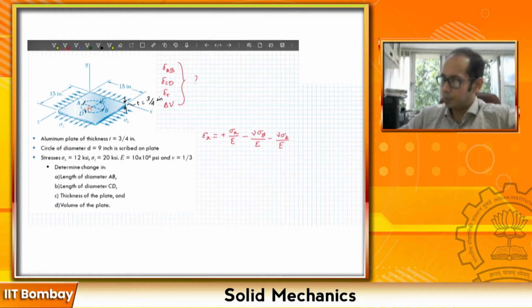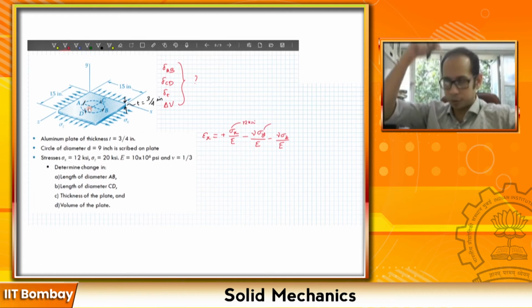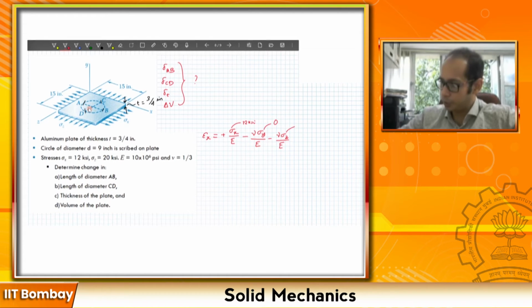Here, remember, my sigma x is already given as 12 ksi, right? Sigma y is 0, there is no force in the vertical y direction, and sigma z is already given, sigma z equals 20 ksi. Also you have the value of E, the modulus of elasticity, which is the same along all directions, direction independent.